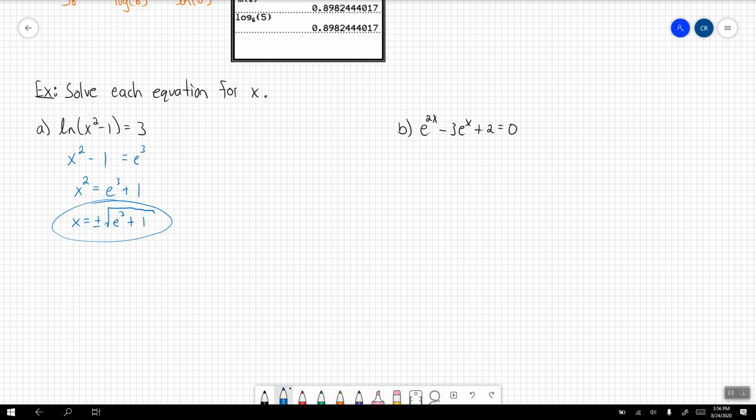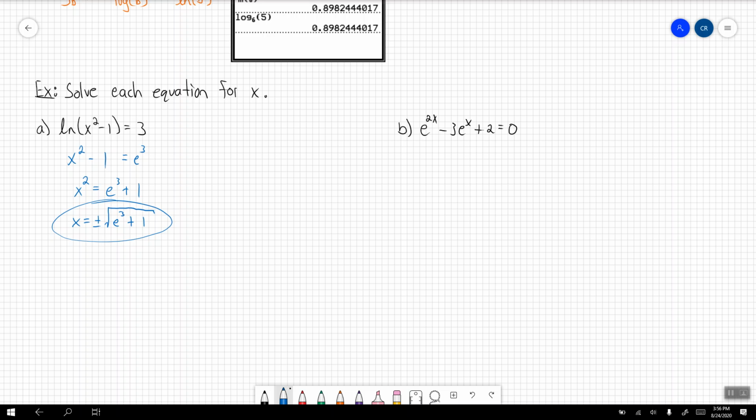On to part B. For part B, what we're doing is we're looking to solve for x. However, in that process of trying to solve for x, we start analyzing and seeing that one term has e to the power of 2x and the other term just has e to the x. That to me stands out that this could possibly be a quadratic.